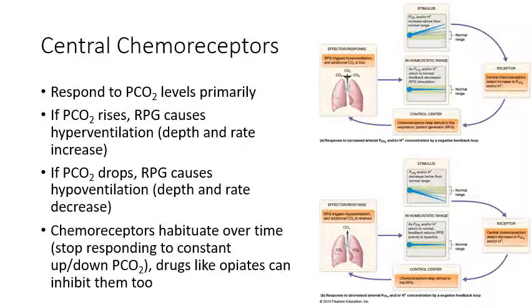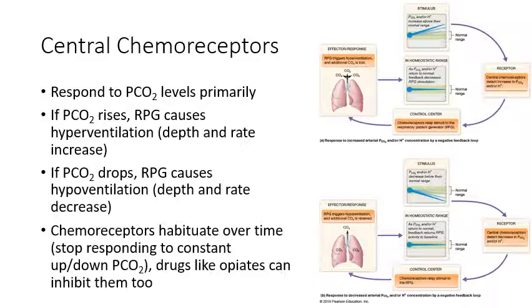Also, we've had a lot of opiate overdoses in the past years, and those overdoses are caused when opiates suppress the respiratory drive, basically, so that you slow down your breathing, you start hypoventilating, and you can actually die if you don't get enough oxygen that way. The way that's happening is in part because the opiates are actually blocking the chemoreceptors, so that you don't notice.